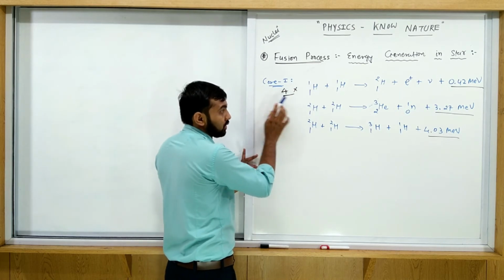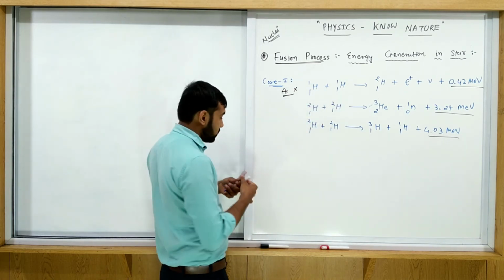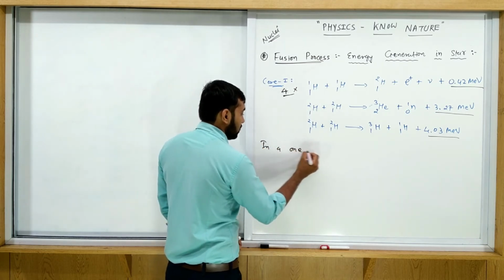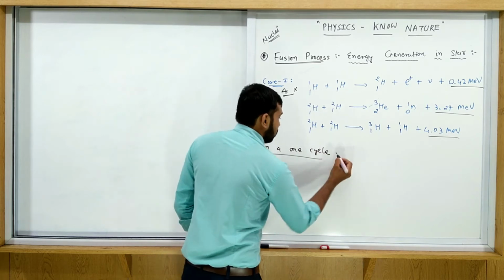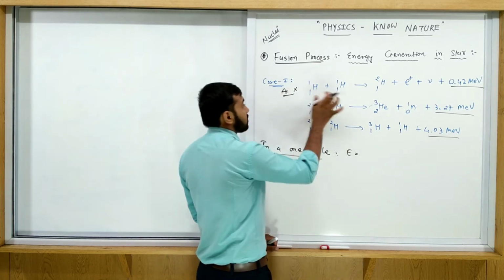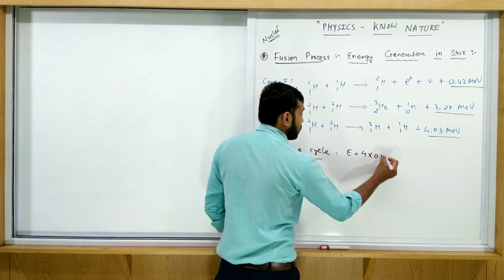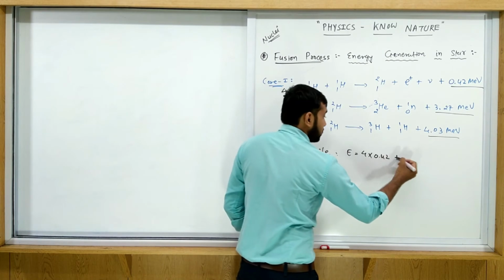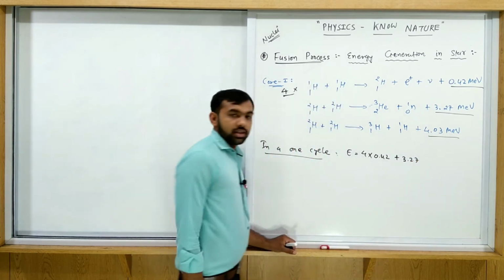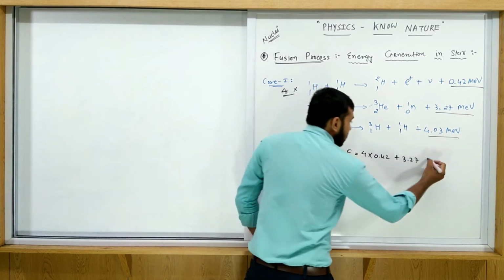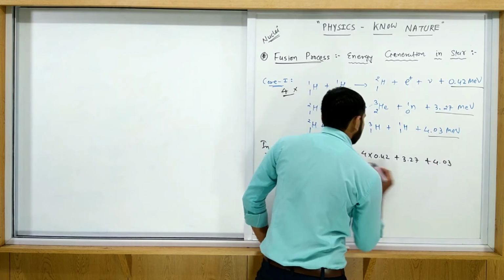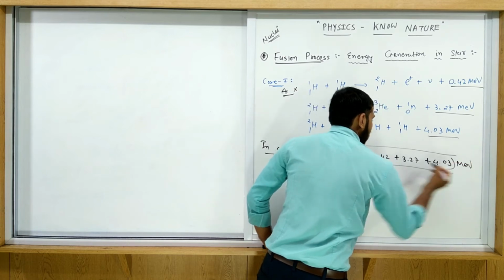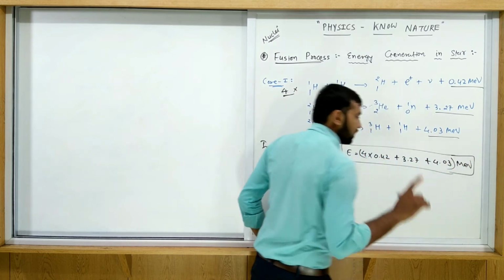This process occurs 4 times, so 4 into 0.42, plus 3.27, which is performed one time, then 4.03. This much energy in MeV is released in one cycle.